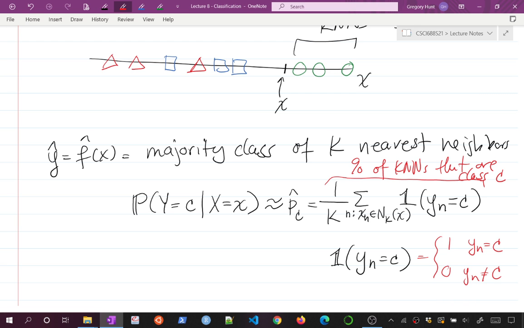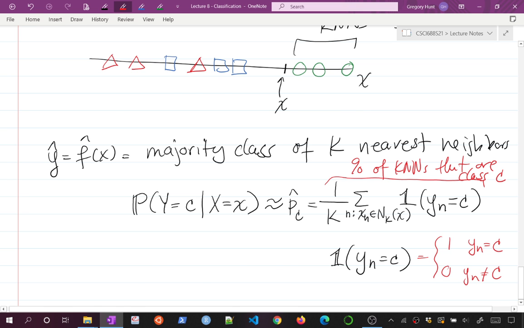I want the probability y is equal to c given I'm at little x. I don't have enough training data exactly at little x, so I'm going to broaden my bubble a little bit and look at things near little x, my k nearest neighbors. And I'm going to approximate the probability I'm in class c as the percentage of those things in the neighborhood that are class c.